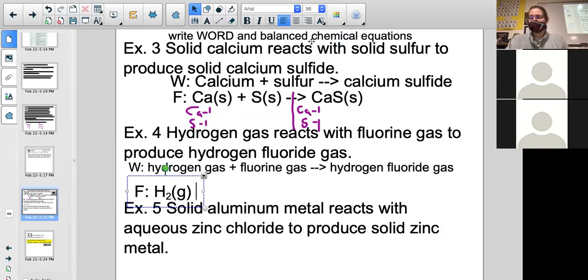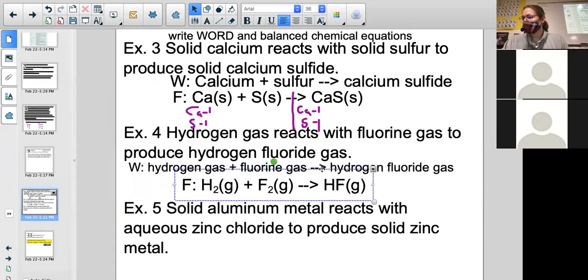Okay, so fluorine, which is F2 gas, produces or yields hydrogen fluoride gas, HF, and then gas in parentheses, so you don't have to spell it out.